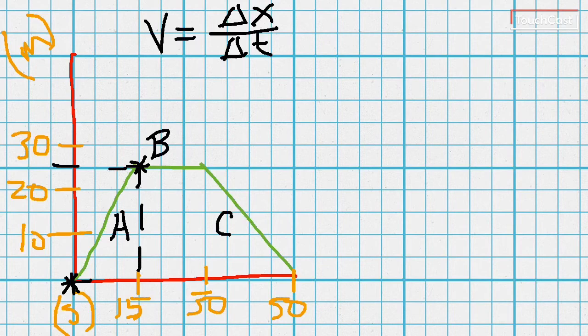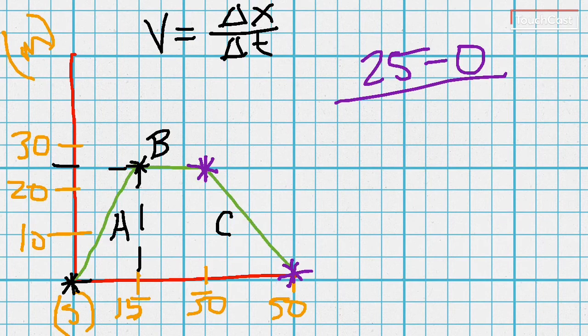We'll do purple. For C, again, we need a change in distance or displacement. We started at 25, and this time we are ending at 0, so you're going to have 25 minus 0. This time the time might be trickier because the time will not start at 0. So you do your final time first.